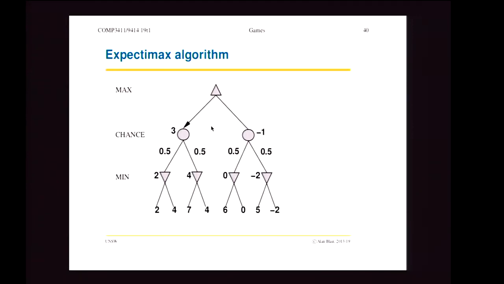So if this is 2 and this is 4, and this is an equal chance, I just say on average this is 3, and on average this is minus 1. And then the 3 is better than the minus 1. Okay, so this is a generalization of minimax, but when it's a chance node, instead of minimizing or maximizing, I average.